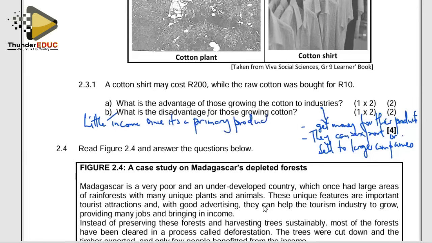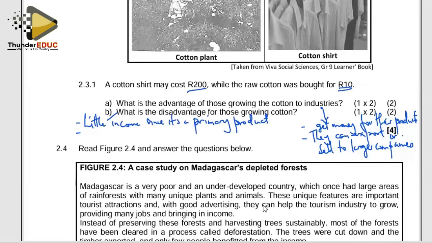We are saying they are getting an income, yes, but the income is very low. The industrialist is going to charge 200 after manufacturing a shirt, but that same shirt was made of cotton which was worth only 10 rand. So it's little income for the farmer, those who are growing cotton.